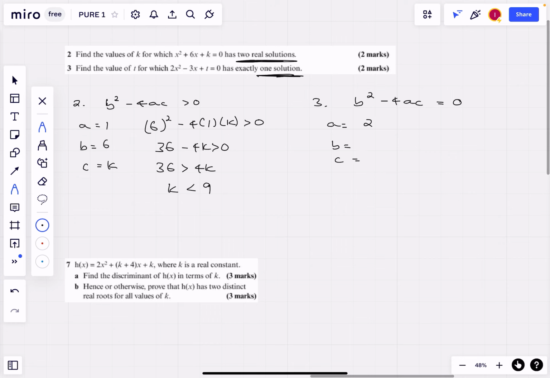A is 2, b is minus 3, c is t. Sub that in. Minus 3 all squared minus 4 times 2 times t equals 0. 9 minus 8t is equal to 0. t equals 9 over 8. Cool?